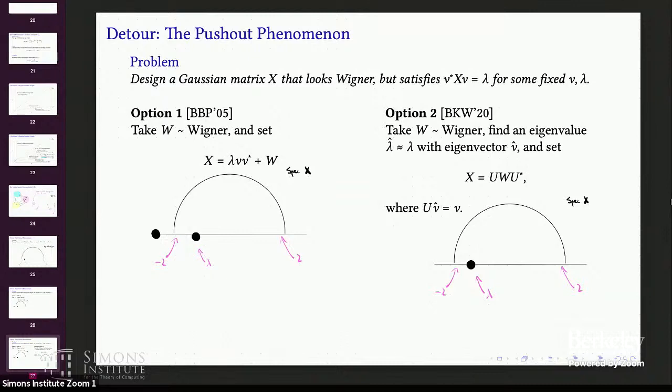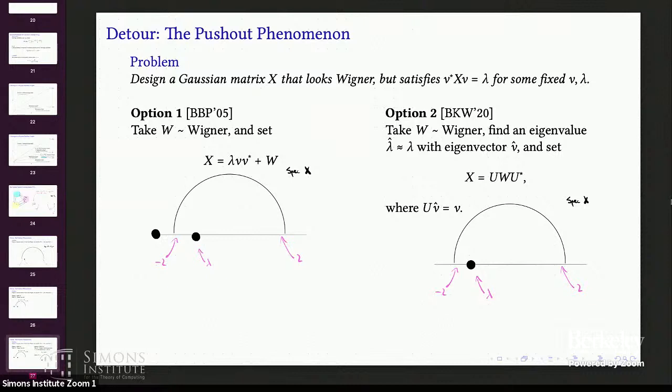So you can find one lambda hat that's approximately lambda, and it'll have some eigenvector, rather v hat. And now you're going to set your planted matrix X to be U times W times U star, where U is a unitary matrix that maps v hat to v. So in other words, you're going to rotate things so that v is actually an eigenvector of the sampled matrix.